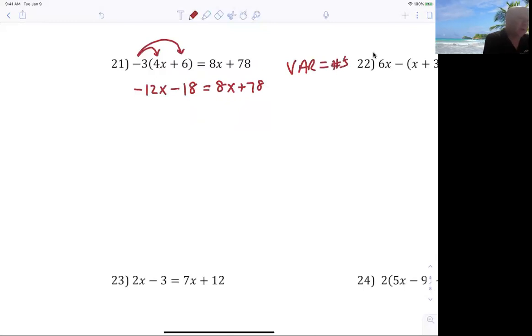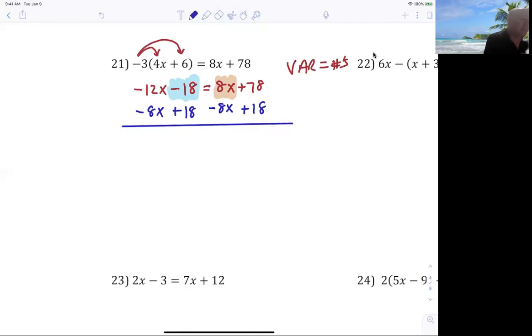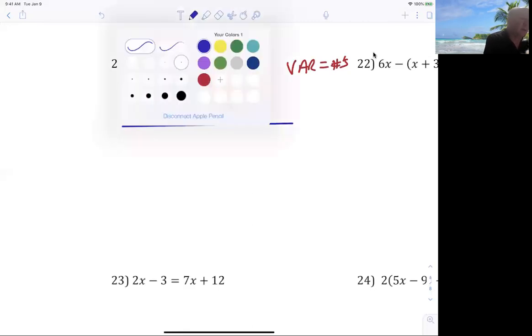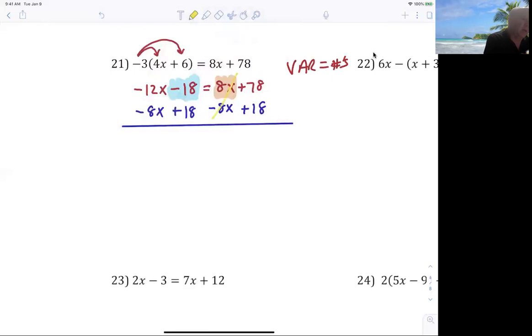So again, I'm looking at this going, the -18 is on the wrong side. So I want to add 18, add 18. The 8x is in the wrong spot. So I move that by subtracting 8x, subtracting 8x.